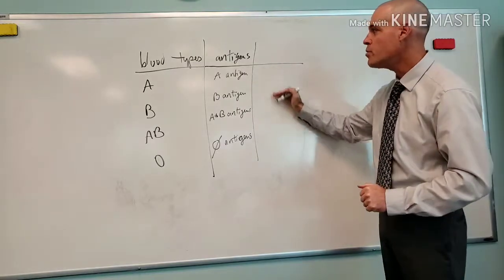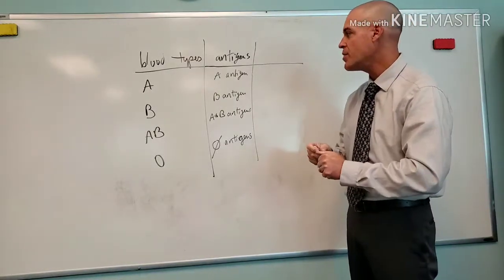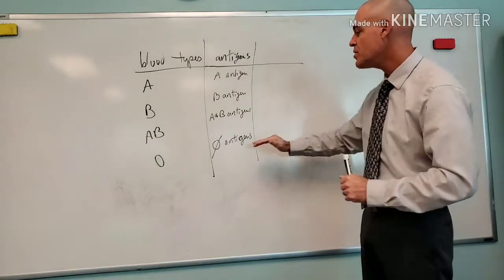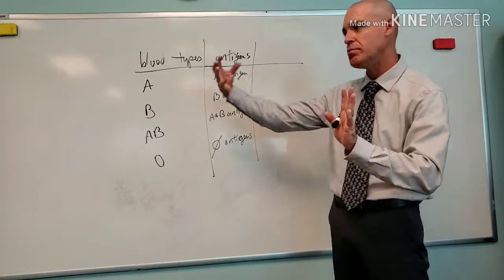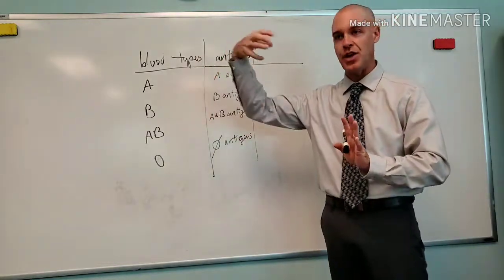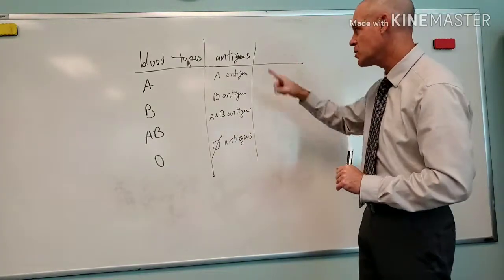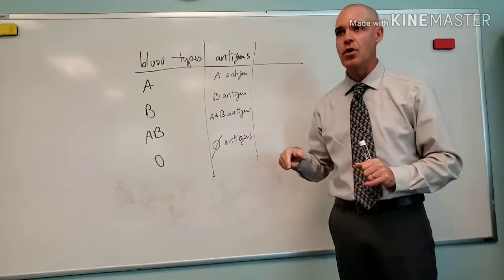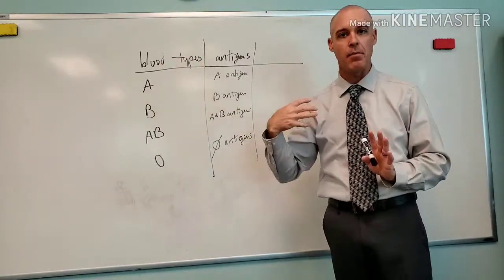Now, before we move on to antibodies next, keep in mind that it's really the antigens that are going to cause a potential problem when you're putting somebody else's blood in your body. So if I'm a type A, I can't just put anybody else's blood in my body.